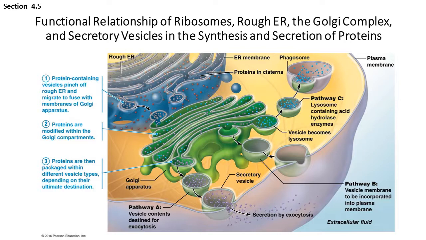Proteins can then be packaged within different vesicle types depending on their ultimate destinations. These vesicles can either contain contents that are destined for exocytosis or secretion outside of the cell. They can be vesicles that contain proteins that will become incorporated into the plasma membrane.